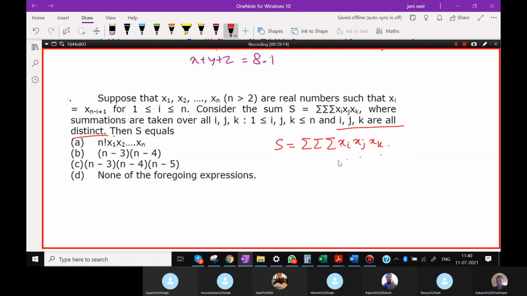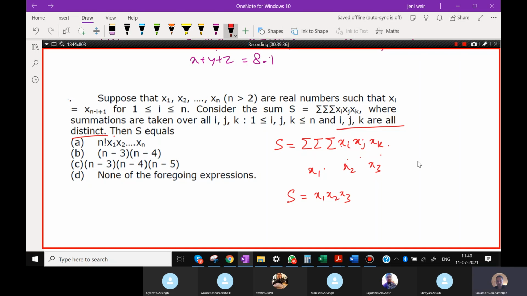Okay. So for example, if I take three numbers, x1, x2, and x3, the sum that I'm trying to find will be equal to x1, x2, x3.